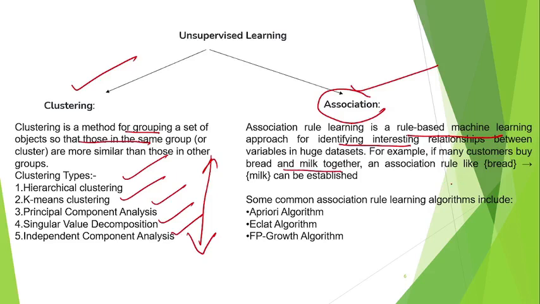That is an association rule. If you buy bread, then you are going to buy milk. That is a rule. Then if you have a license, then you are going to drive a bike. Those association rules are available. Some common algorithms are the Apriori algorithm and the FP-growth algorithm. Correct? These are unsupervised learning.